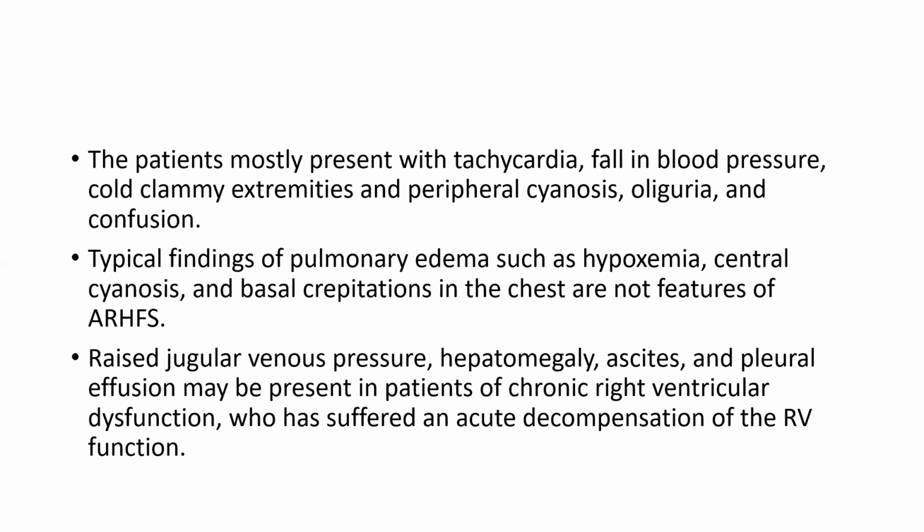Typical findings of pulmonary edema, such as hypoxemia, central cyanosis, and basal crepitations in the chest, are not features of acute right heart failure syndrome. Raised jugular venous pressure, hepatomegaly, ascites, and pleural effusion may be present in patients with chronic right ventricular dysfunction who have suffered acute decompensation of RV function.